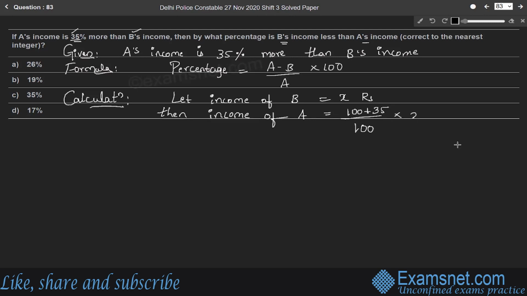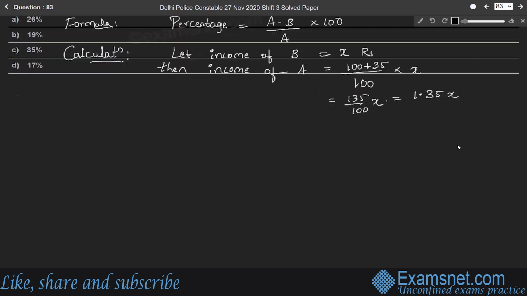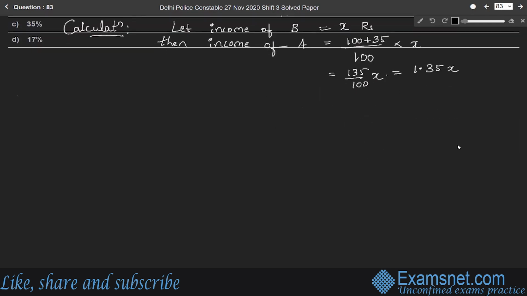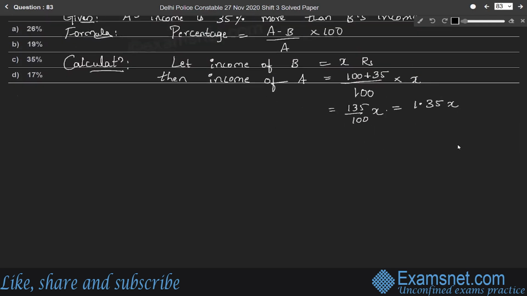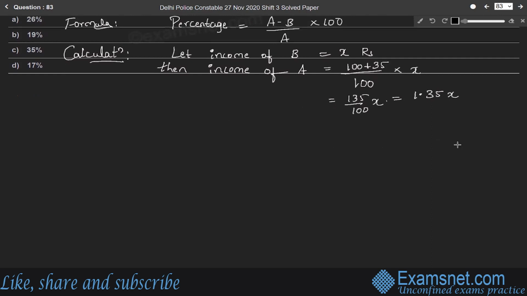Therefore, if X rupees is the income of B, then income of A becomes 135 by 100 into X, which is also equal to 1.35x, right? So, the percentage of B's income less than A's income, or we can say the difference between A's income and B's income and its percentage. Okay, let us directly go to the percentage.